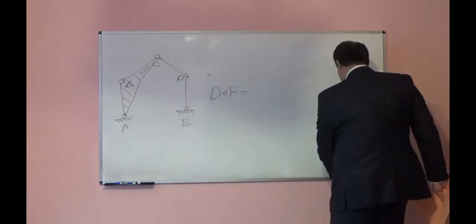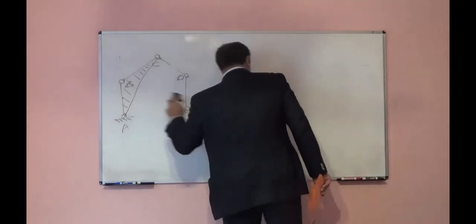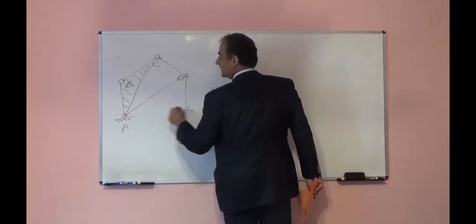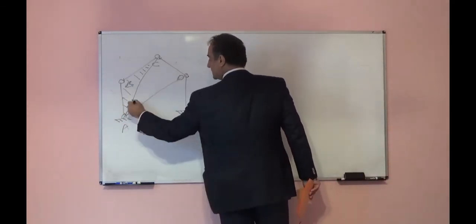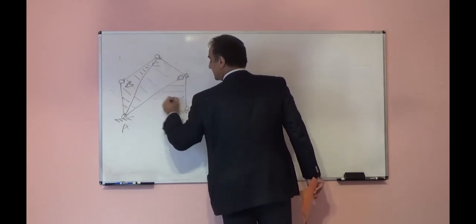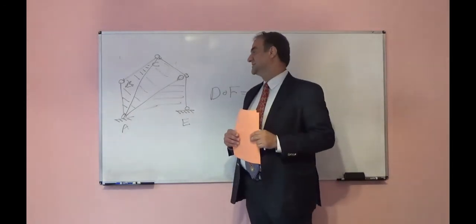So you need another member. If you add one more member like this, now this is a triangle, this is another triangle, and this is another triangle. We have a truss structure and it is stable.